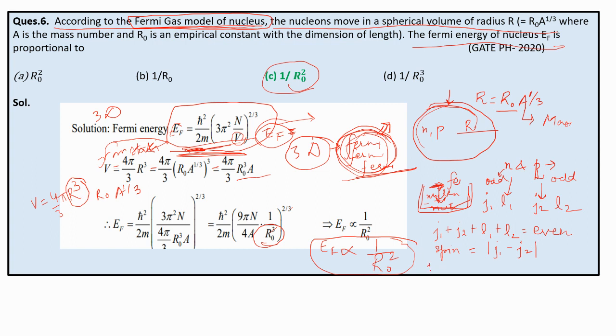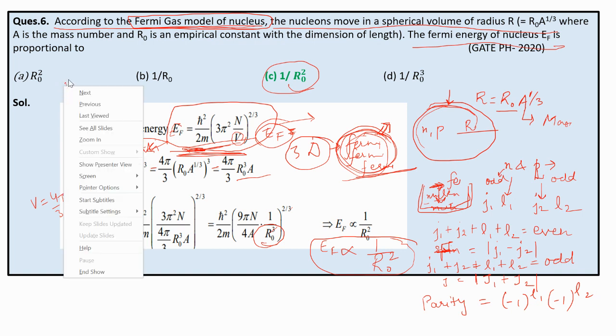If it is coming odd, then this will be J1 plus J2, and parity will be as usual: parity will be minus 1 raised to the power L1 times minus 1 raised to the power L2. We'll do this question in this way.